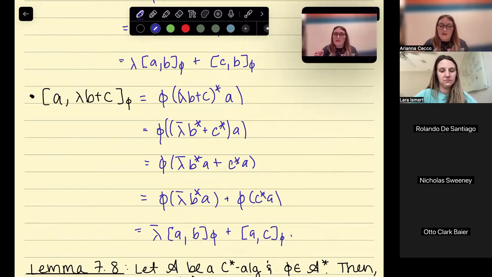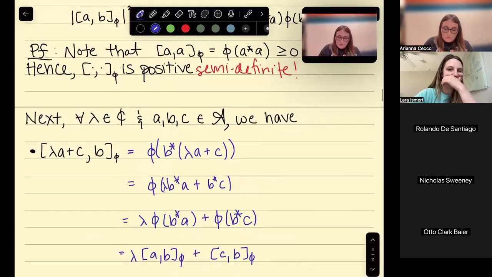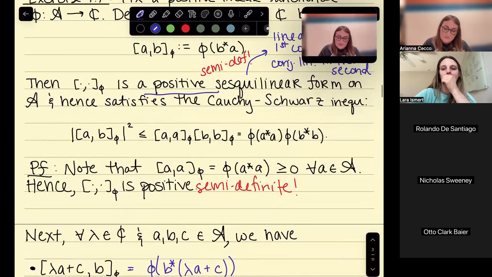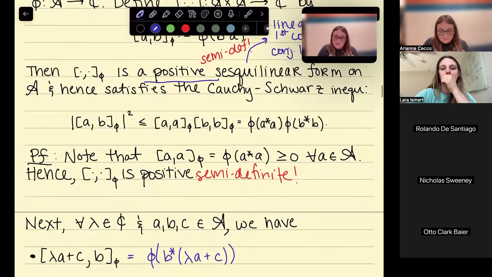So we get that it's conjugate linear in the second. So yes, we've now proved that this is a positive semi-definite sesquilinear form.